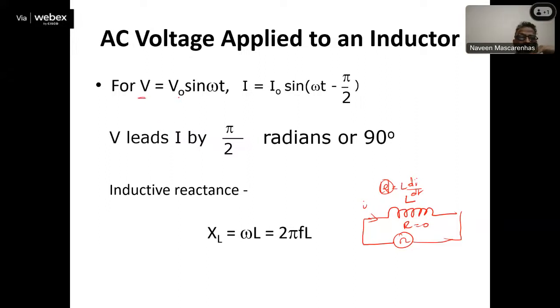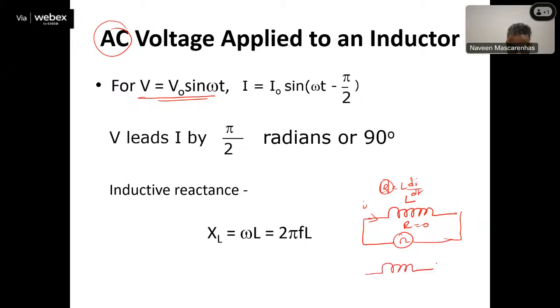If V is equal to V naught sin omega t, remember, whenever AC is applied to a coil, current lags. And the opposite is the case when AC is applied to a capacitor: current leads. Whether it is a pure coil or an impure coil.